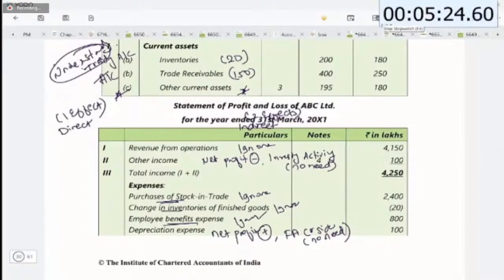Provide means you have to pay it. So it's a payable. Mukta, any provision on the liability side other than depreciation is a liability.